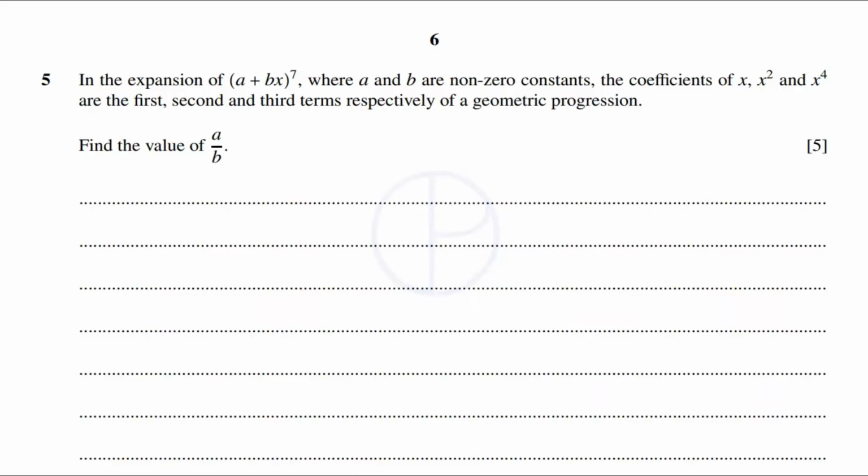So in that, the coefficients of x, x square, x power 4. First let's find out what the coefficients are. Those will be equal to the first, second and third terms of the geometric progression. What's the general term of this binomial expansion?